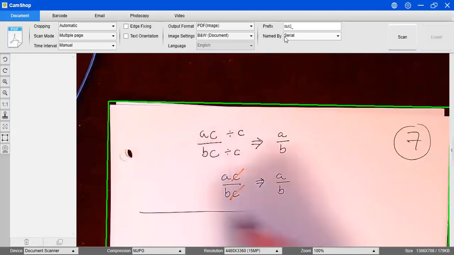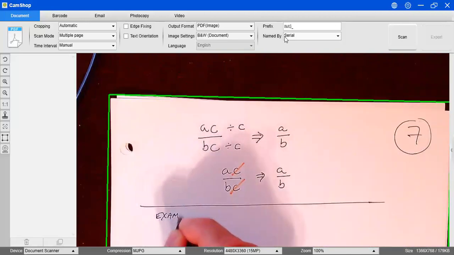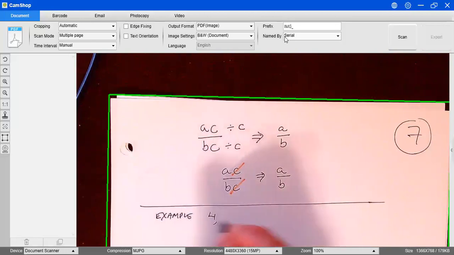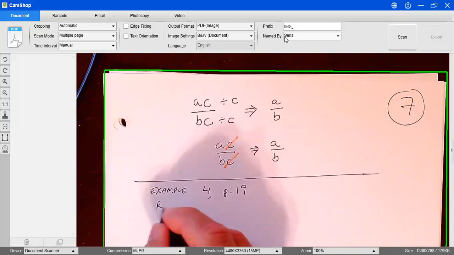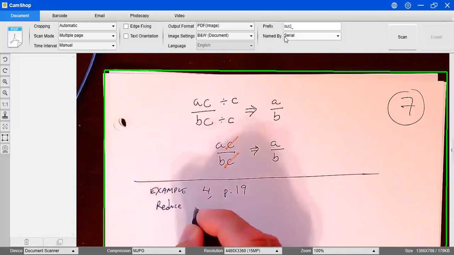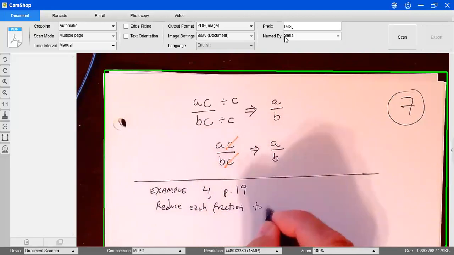So we're going to solve some examples. We have example 4 on page 19. We're going to reduce each fraction to its lowest terms.